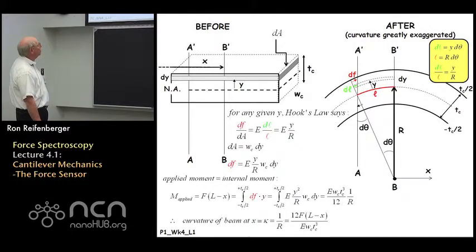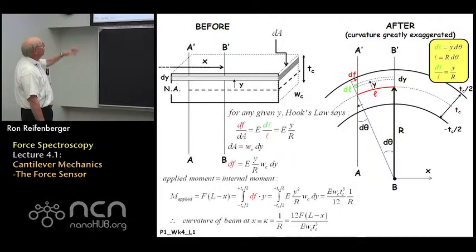The proportionality constant is Young's modulus. The area element is just the width of the beam times dy, where dy is some infinitesimally thick slab, as I've tried to indicate in this diagram.